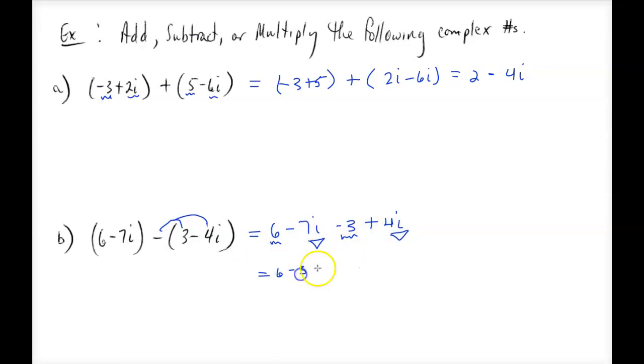So we got 6 minus 3, and then -7i plus 4i. And so our result here ends up being 3 minus 3i, because 6 minus 3 is 3, and then -7i plus 4i is a -3i.